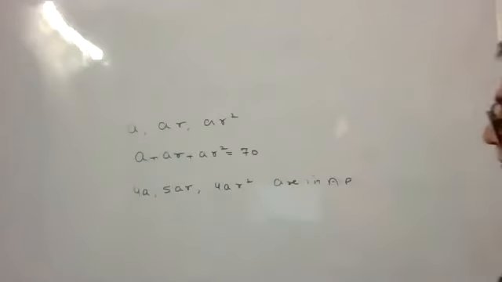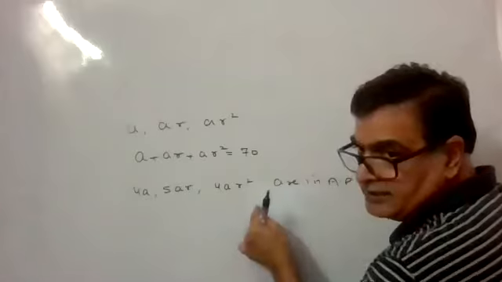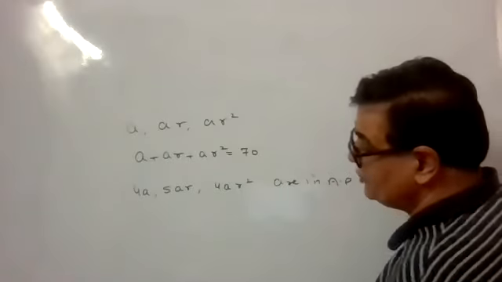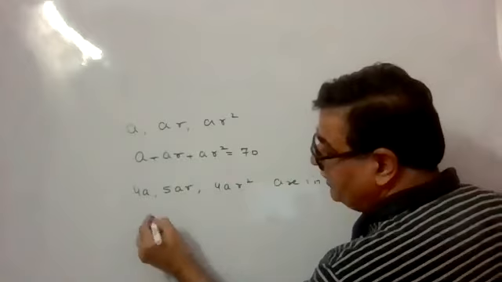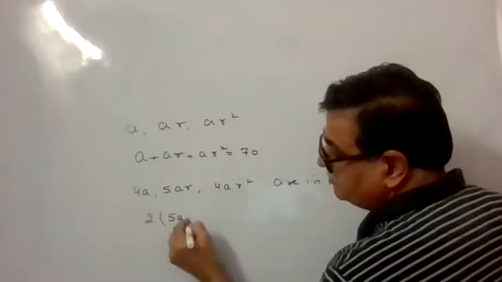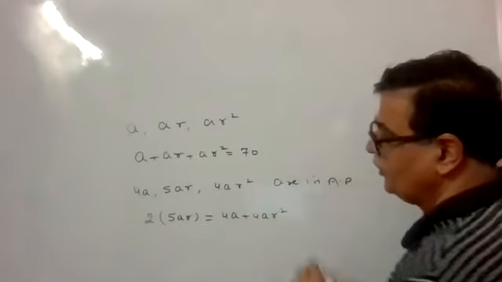And if these three are in AP, what is the condition you have done in AP? Twice of the middle term equals the sum of the extremes: 10AR is 4A plus 4AR square.